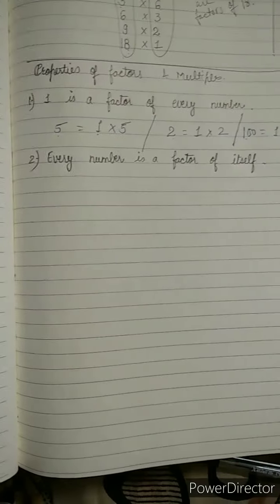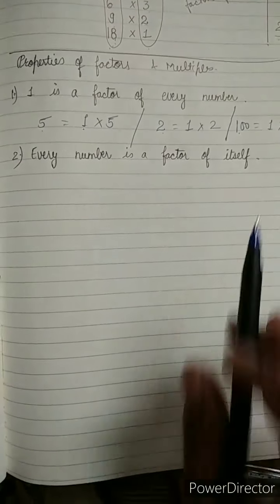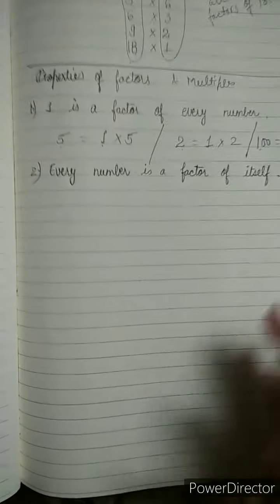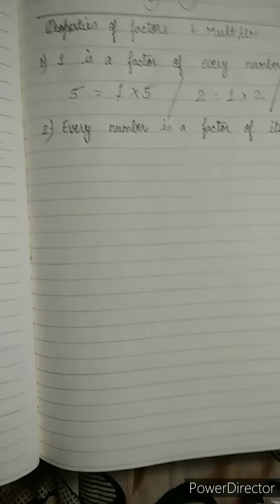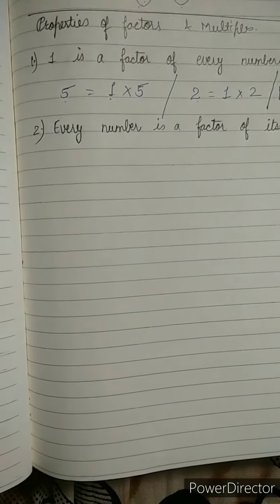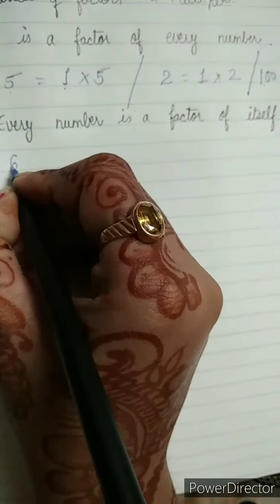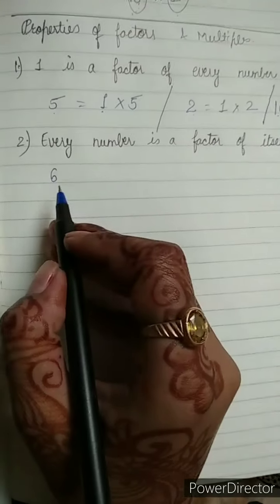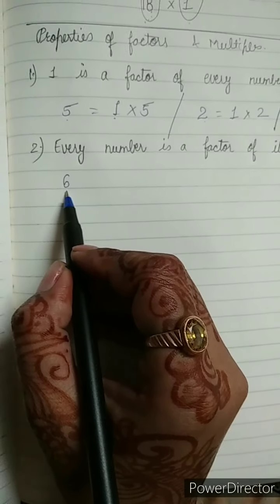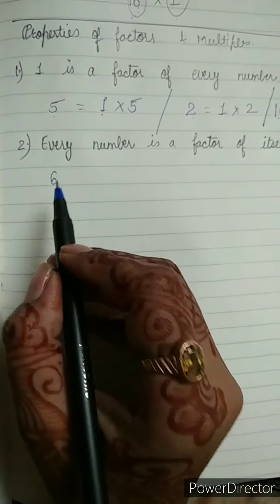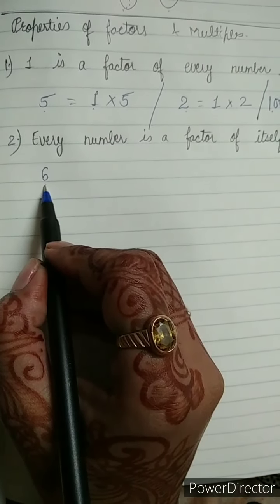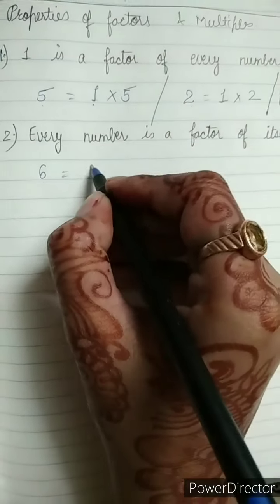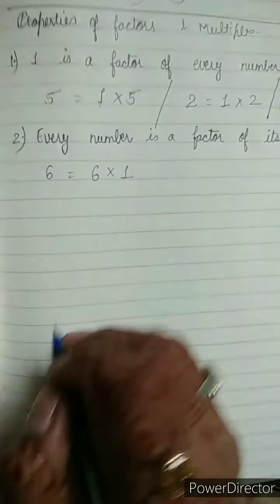Our second property is every number is a factor of itself. Itself means वो खुद का, अपने आप का भी खुद फैक्टर होता है. How? Like 6. If I take 6, check it, in the table of 6, 6 is also coming, one time.